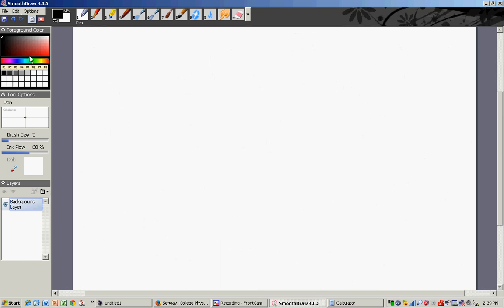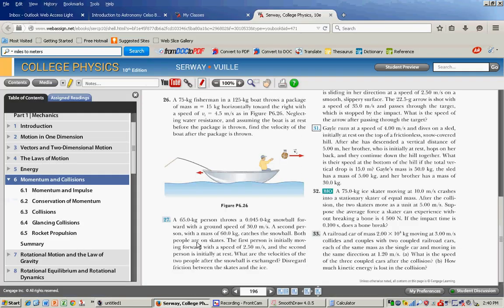And as always, I like to start with a little sketch. Here is somebody that's carrying a snowball. This is a snowball. And both of them, the person and the ball, are moving to the right with a certain speed. Okay, and I think the problem tells us which one it is. The first person is initially moving forward with a speed of 2.5 meters per second.